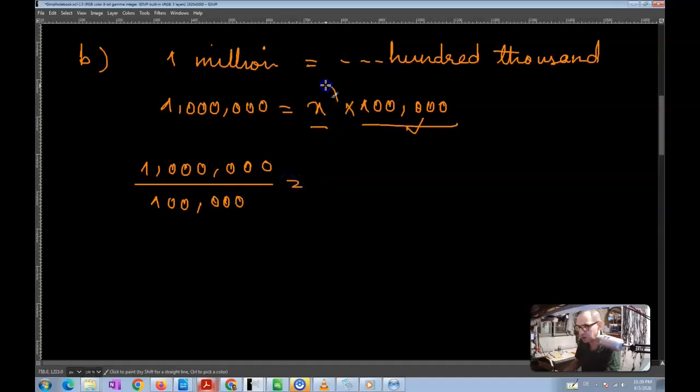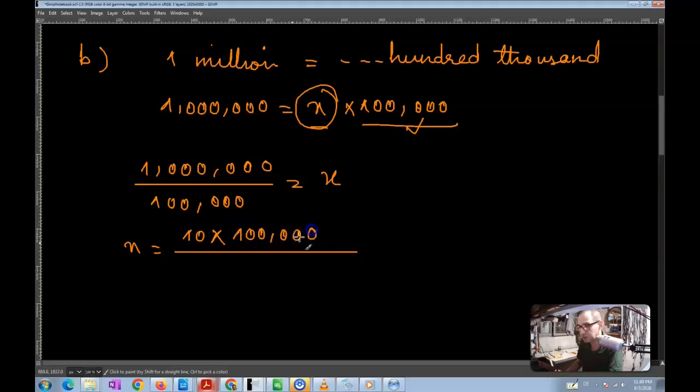And that is equal to the other number, which is x. So now we have the value of x, right? And so again, I can write x is equal to, now the 1 million, I'm going to write it as 10 times 100,000 and divide by 100,000.